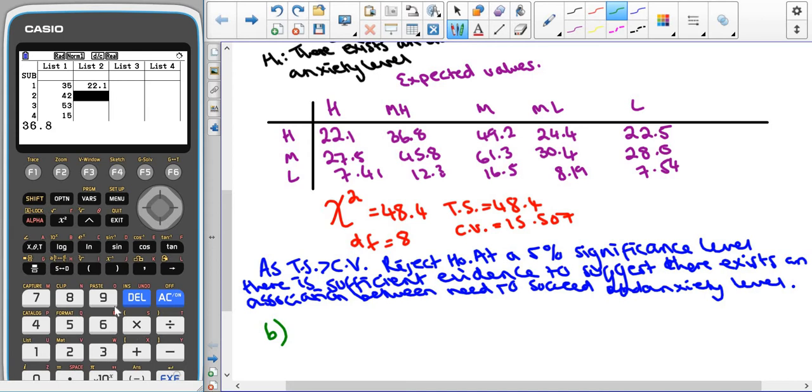So again, because I went across putting in my observed values, now when I'm entering my expected values into list 2, I'm going to work across again.